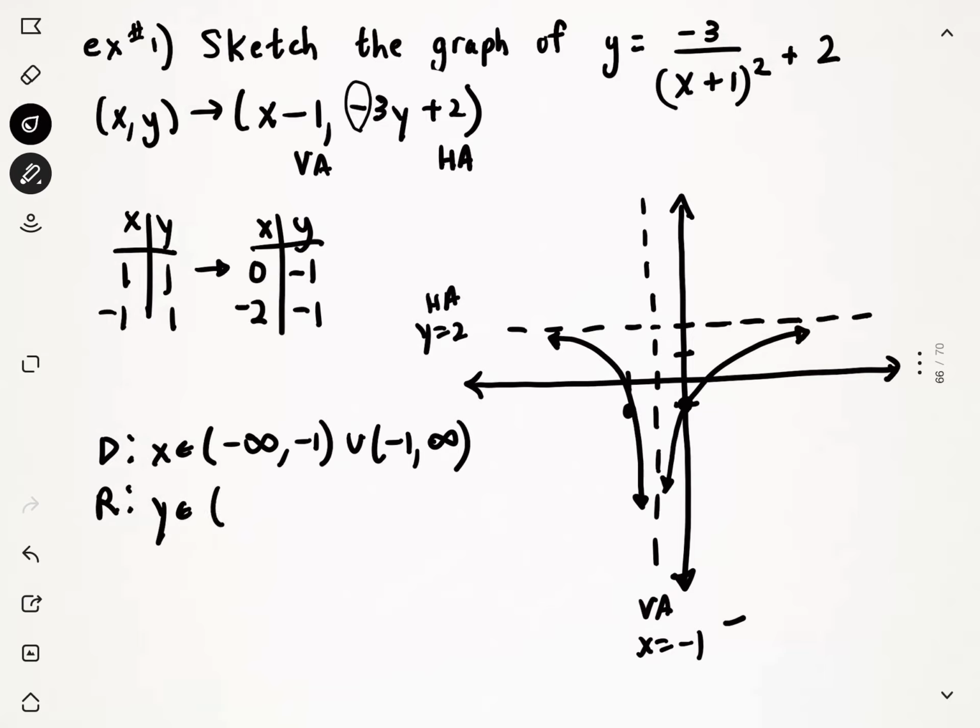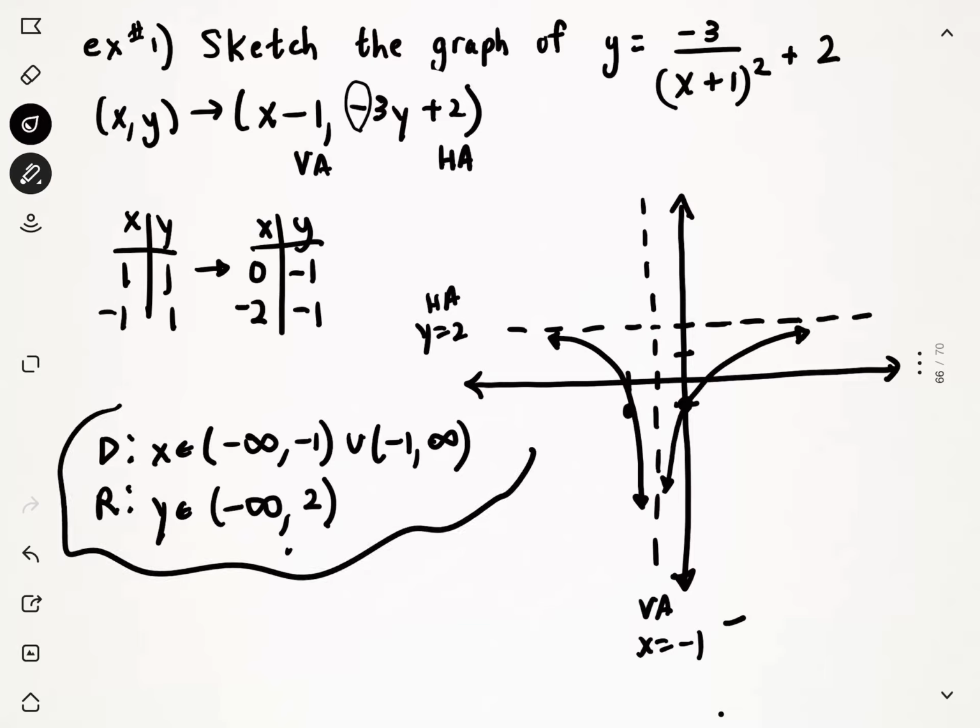What we can say here is that the range in this case, the minimum is -infinity for y, but the highest that you can get is up to, but not including 2. So the highest this graph is going to get is like 1.9999, and it's never going to go above that horizontal asymptote. So our range is just in one part here instead of 2 parts, which you'll see with all the 1 over x squared graphs. So we have everything completed, not asked to do x and y intercepts for these functions right here.